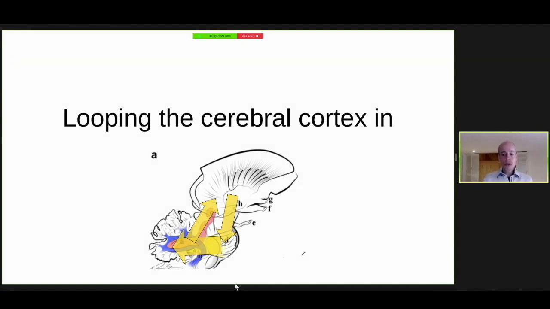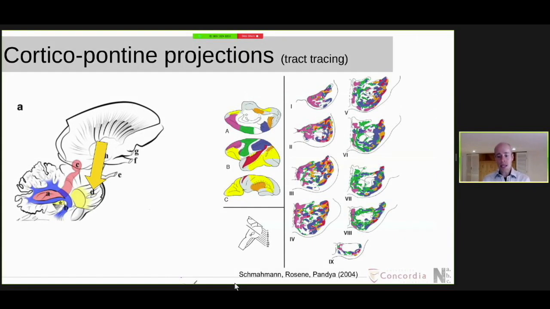So we do have some information from non-human primates. And again, Jeremy Schmahmann and Tanja have done some beautiful work on this. This is also tract tracing in non-human primates, with projections coming from the cortex down to the pons, seeing where they terminate within the pontine nuclei, and then classifying according to where they came from in the cortex. What you see here is a very general arrangement.